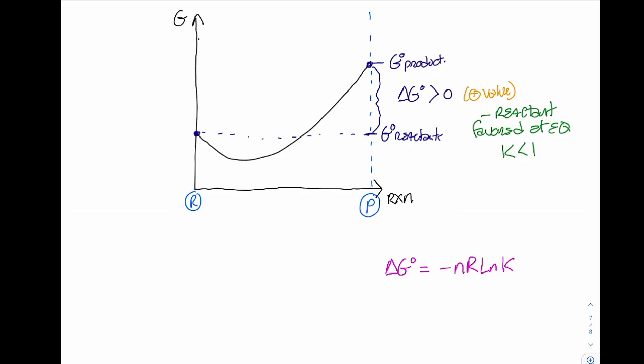This time I have a positive value here because of this negative sign. That means that this has to be a negative value. So that means that K is actually going to be less than 1. The log of a number less than 1 is going to give me a negative value. So reactant favored at equilibrium.